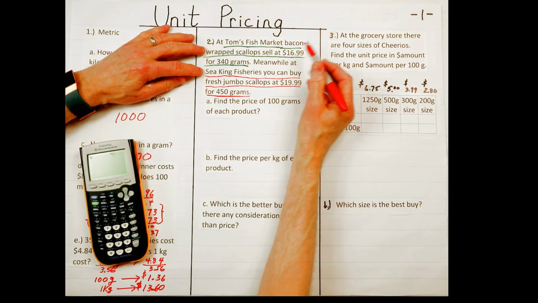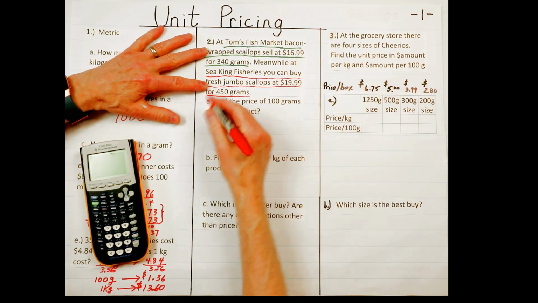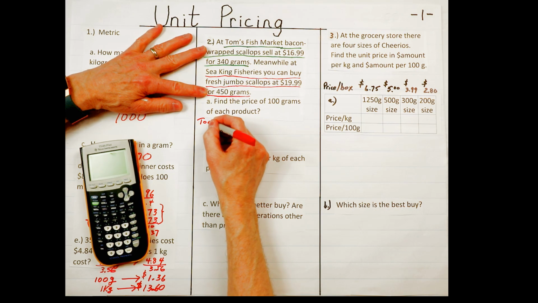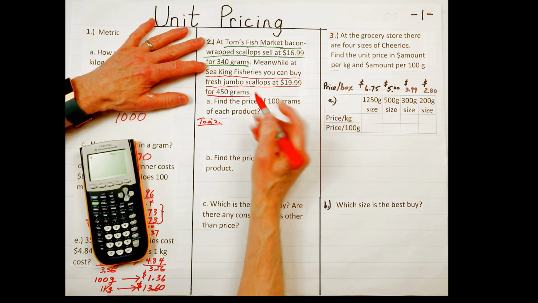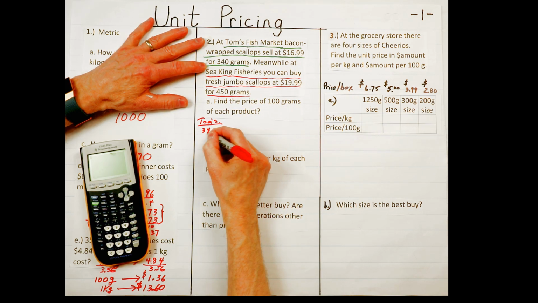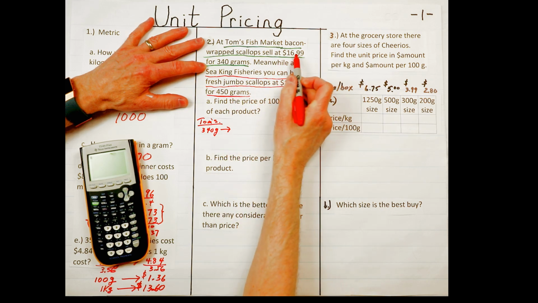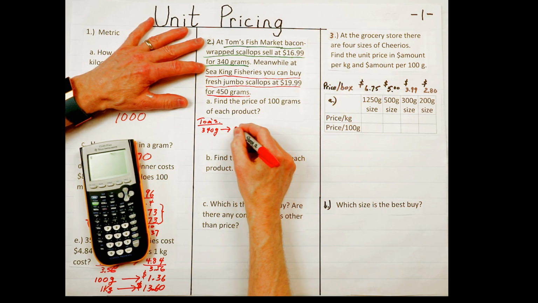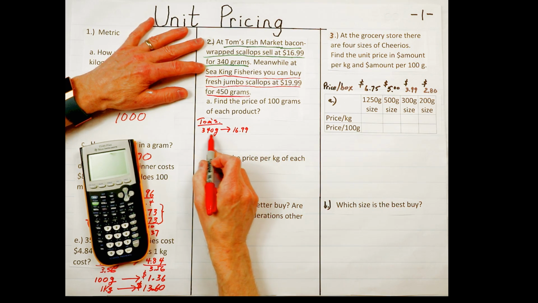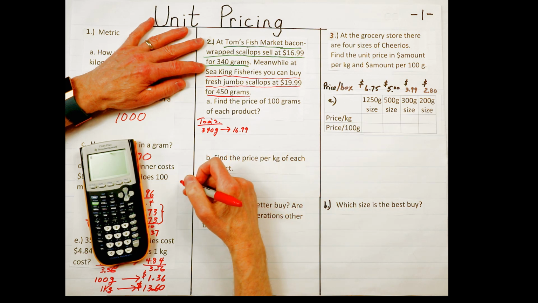Okay, so let's do Tom's first. So 340 grams is how much? $16.99. Now, what do I have to divide 340 by to get 100?